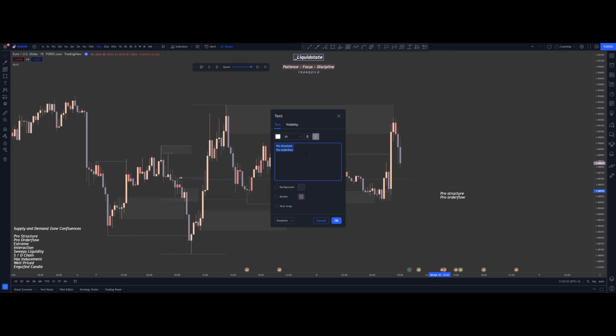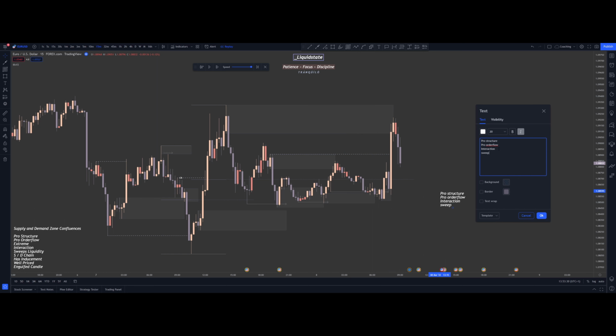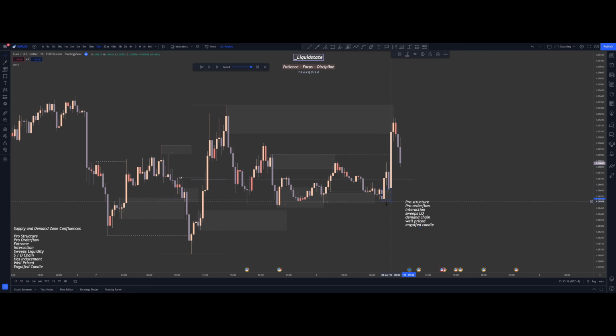So it's interaction, it sweeps liquidity, it's part of a demand chain. It doesn't have inducement, but it is well priced, and it is also an engulfed candle. So literally this one candle, this one POI, has all of these confluences, which is 1, 2, 3, 4, 5, 6, 7 out of 9.